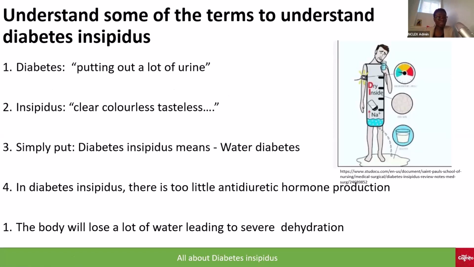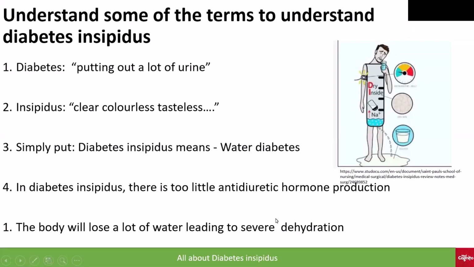And with insipidus, the client is giving out clear, colorless, tasteless urine. So simply put, diabetes insipidus means water diabetes, because the client is giving out too little ADH, and so will pee a lot, and that will lead to severe dehydration.